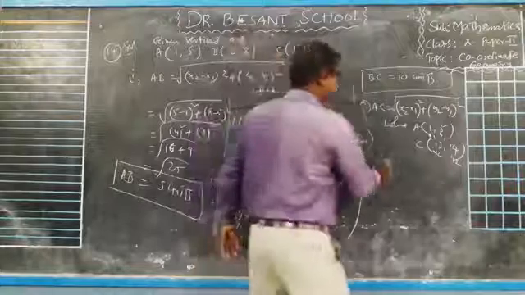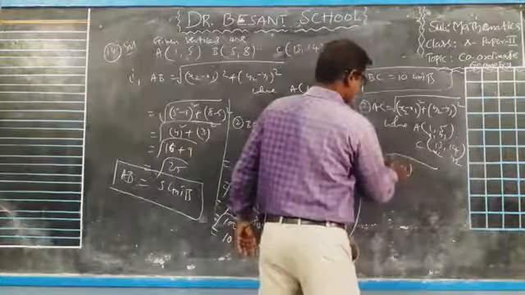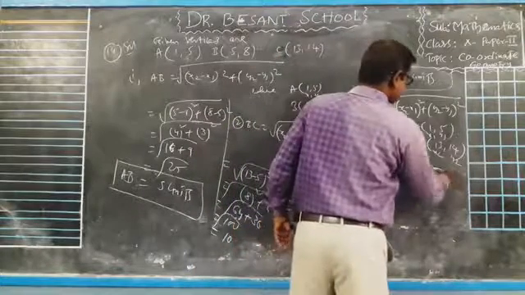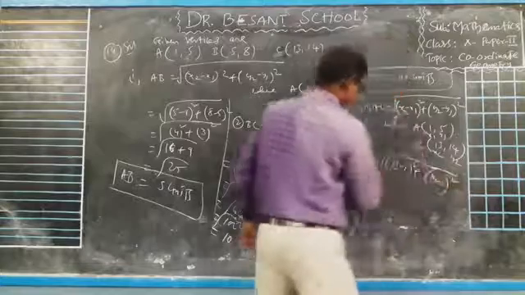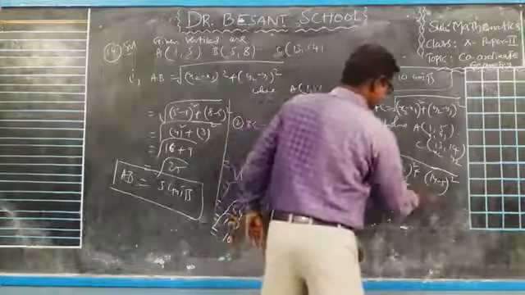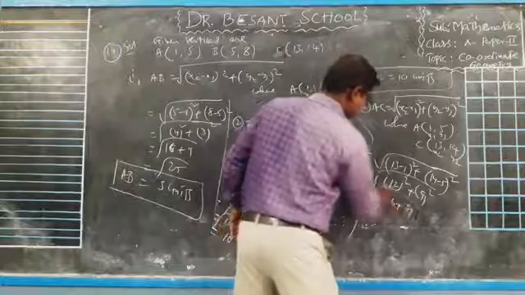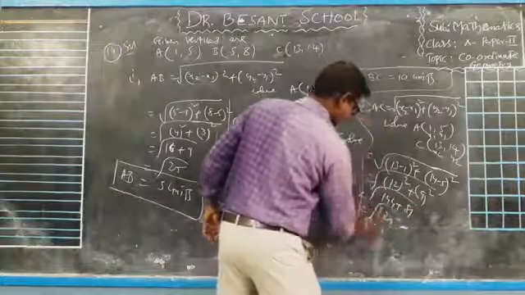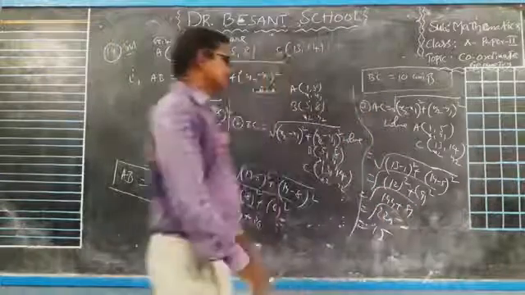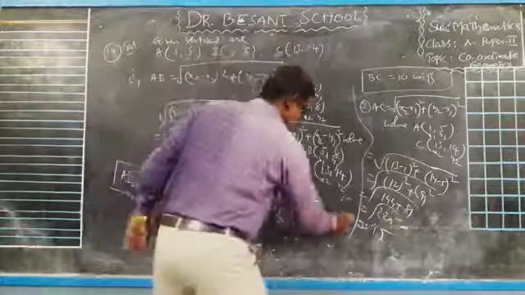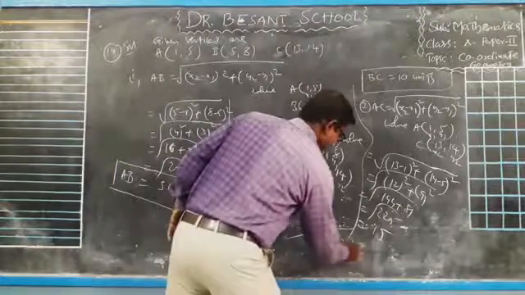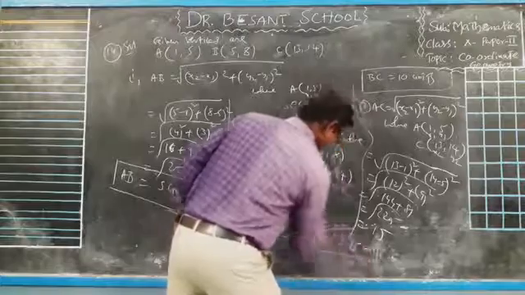Root over (13 minus 1) whole square plus (14 minus 5) whole square. It is 12 square plus 9 square. 12 12s are 144, 9 9s are 81. Comes as 225, root is 15. So AC is equal to 15 units.